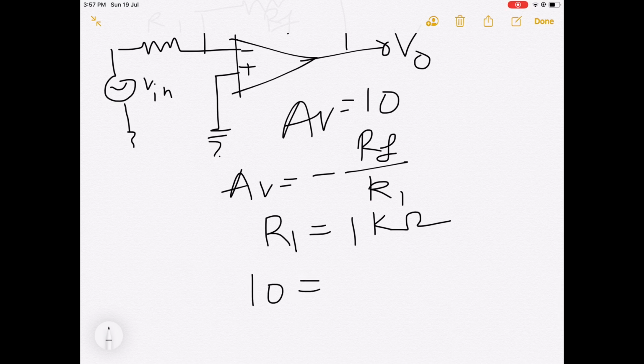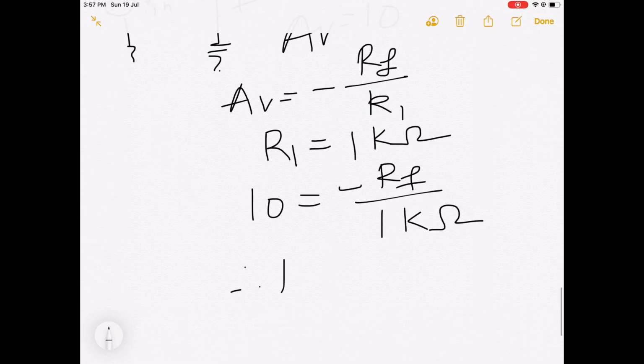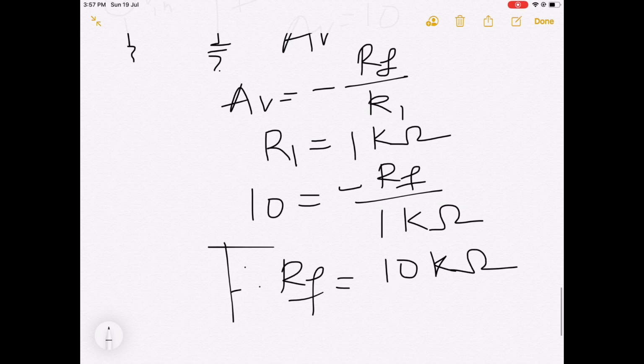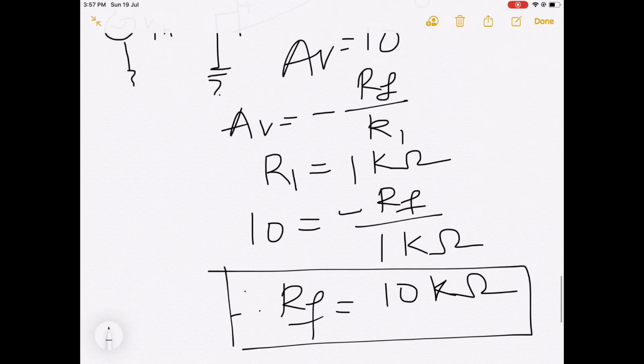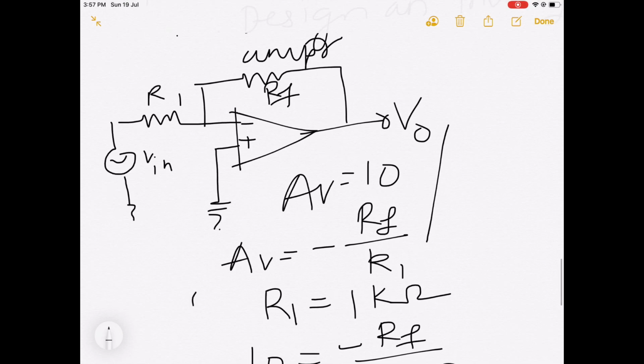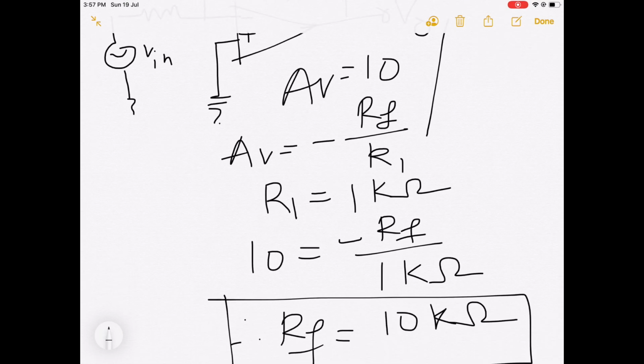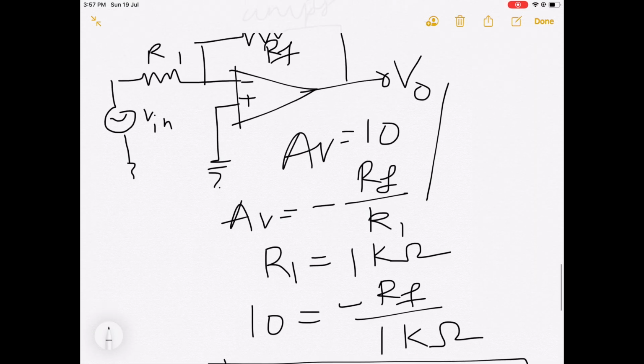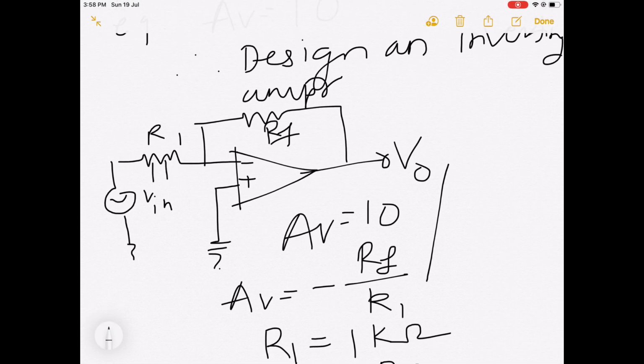So this is 10 equal to minus RF upon 1 kilo ohms. So your RF is equal to what? 10 kilo ohms, and a resistor cannot have a negative value, that is why RF is equal to 10K. So always after this calculation, you have to put the values in the circuit. So R1 is 1K and RF is 10K. This is a designing sum. This question may come for 5 marks in your exam. Okay. So this is about the inverting amplifier.